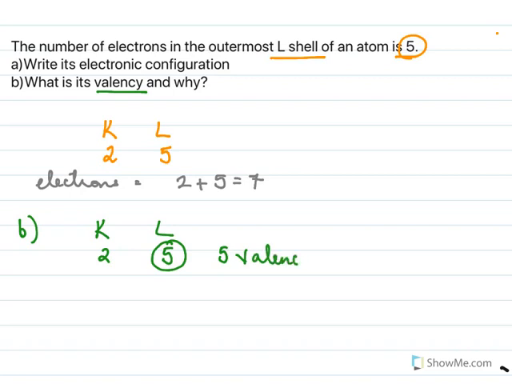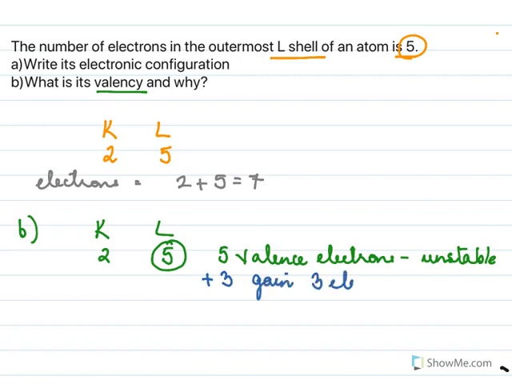5 valence electrons means unstable. It has to have 8 valence electrons. So to gain stability you need 3 more. So it has to gain 3 electrons. 5 plus 3 becomes 8. So valency equal to 3.